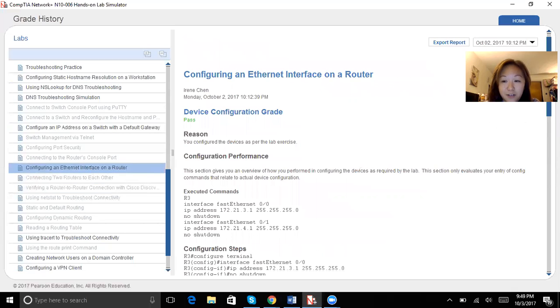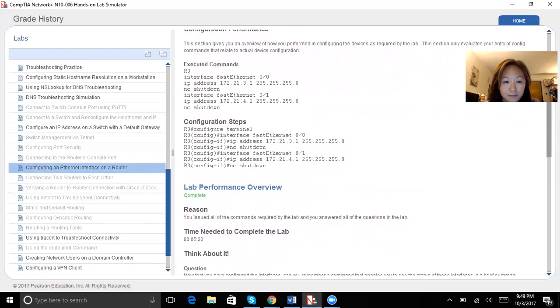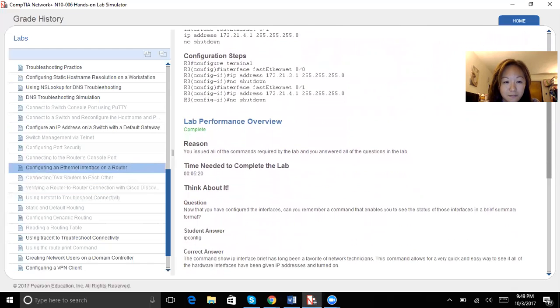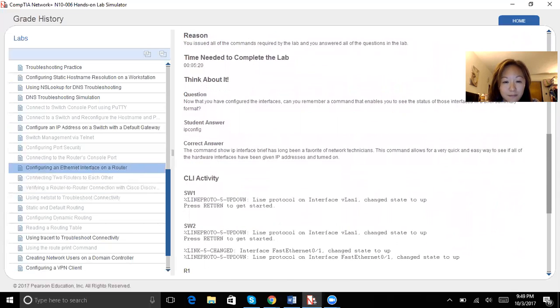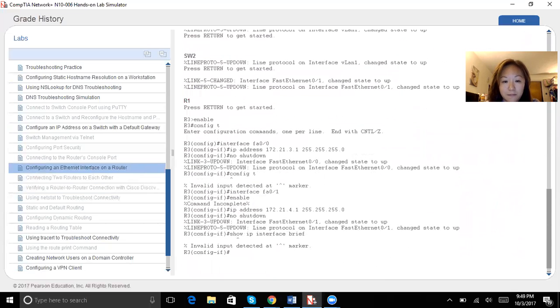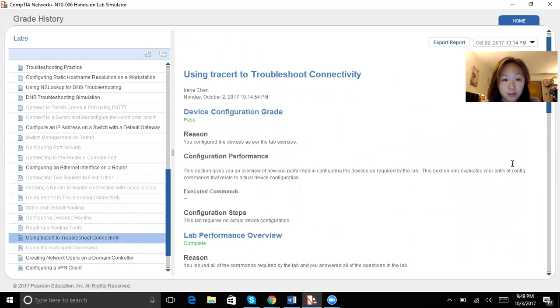And then the interfaces. And trace cert. Let's see, this one.